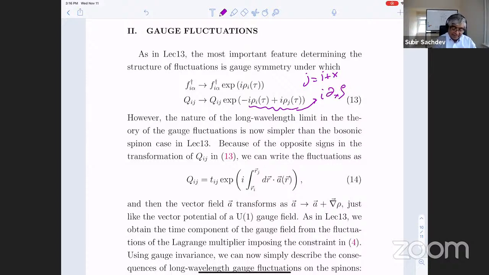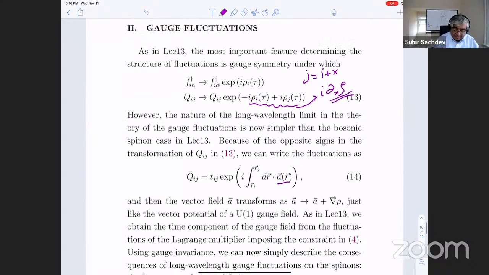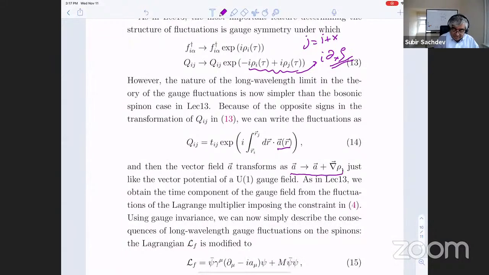So we see that the phase of Q changes by the gradient of the gauge transformation. And that immediately tells us that the phase of Q is just like a gauge field. So we just call the phase of Q the gauge field little a, and a will transform just like any self-respecting U(1) gauge field.